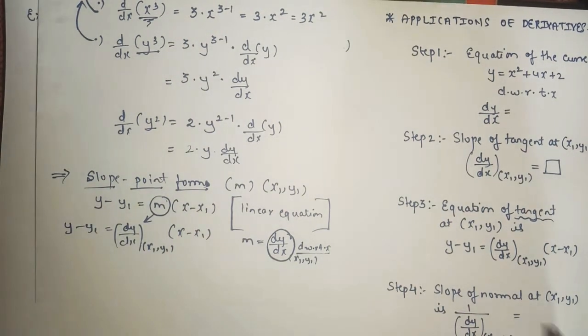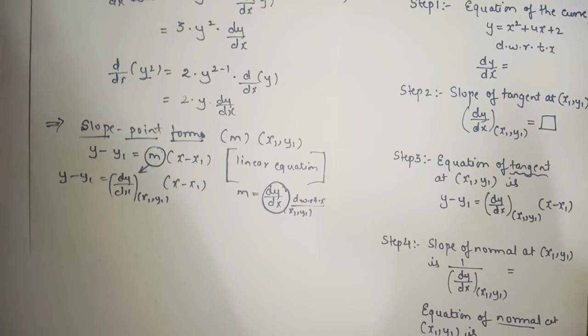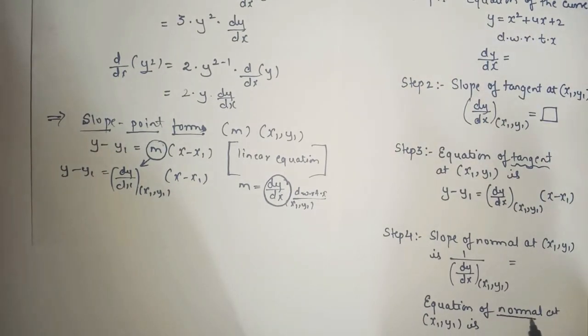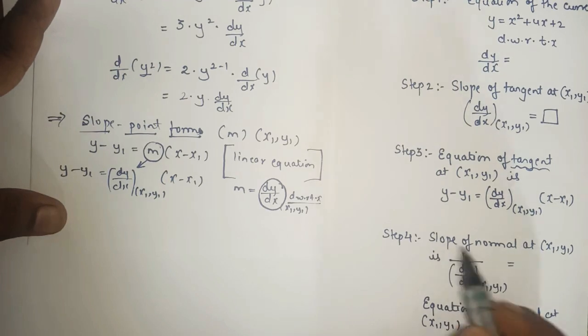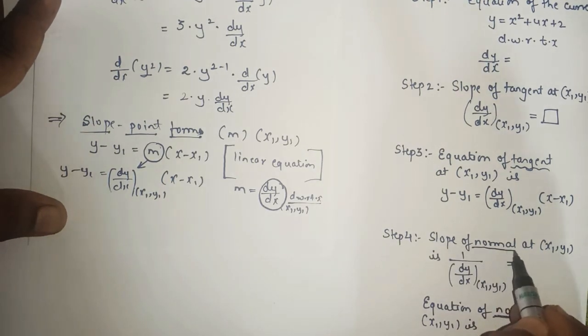Now what do you mean by equation of normal? Normal means perpendicular. In mathematics language, normal means perpendicular. So now to find the normal, before that you have to find the slope of normal.